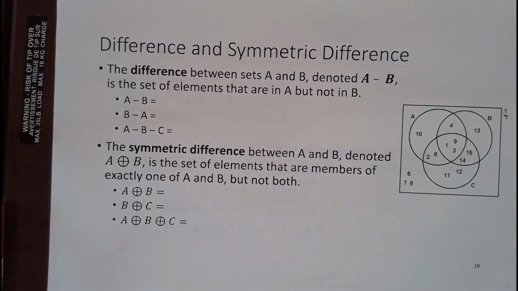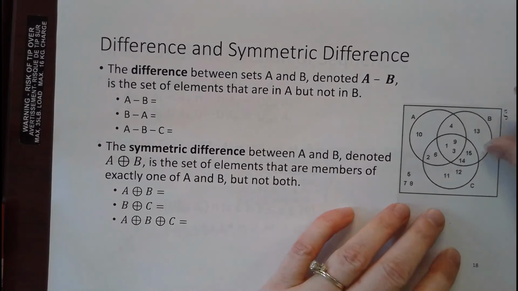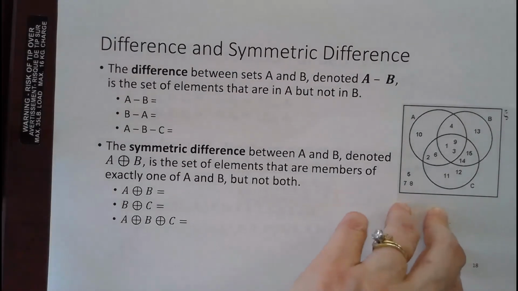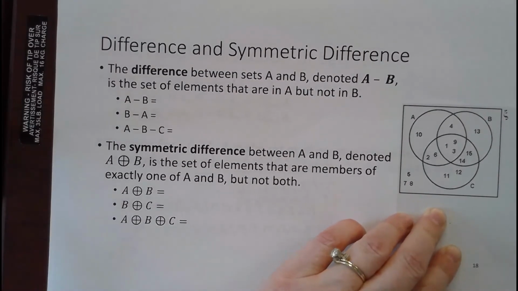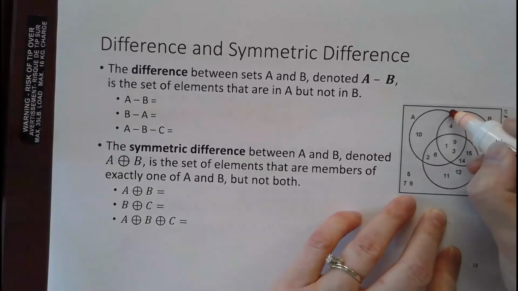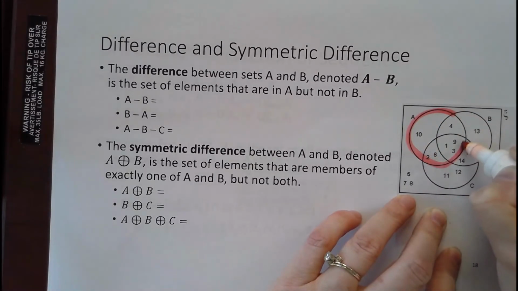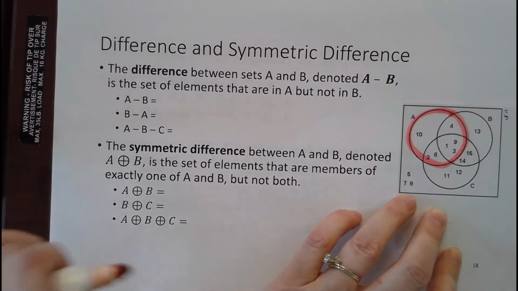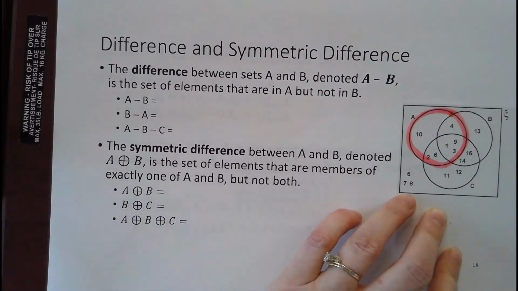Okay, so imagine I was going to do A minus B. Well, here is A right here. And then if I subtract out B, anything that is in B, I'm going to take it away.